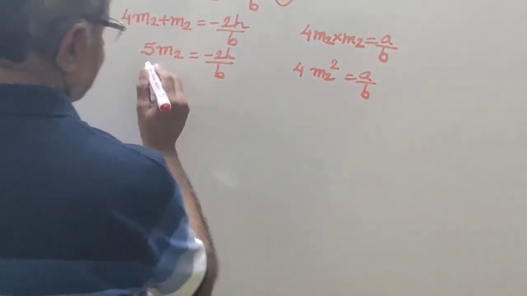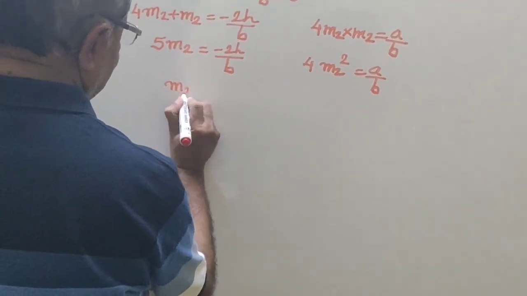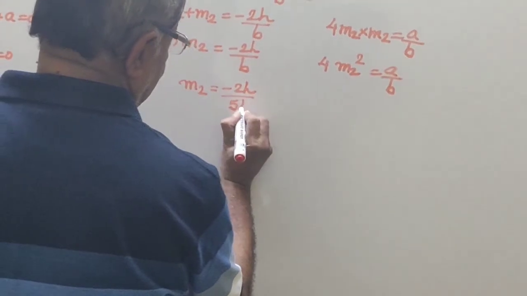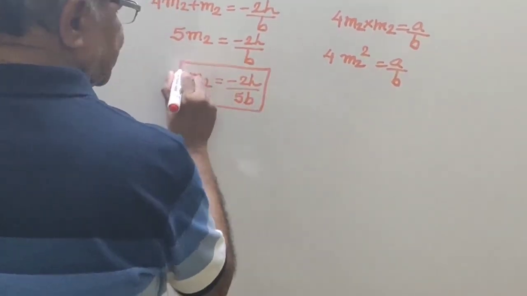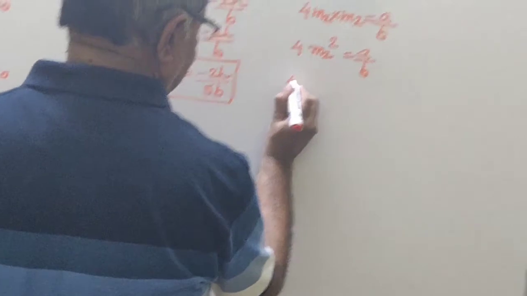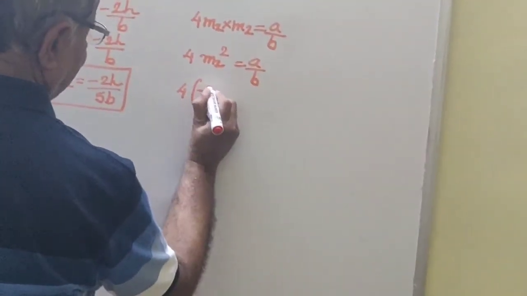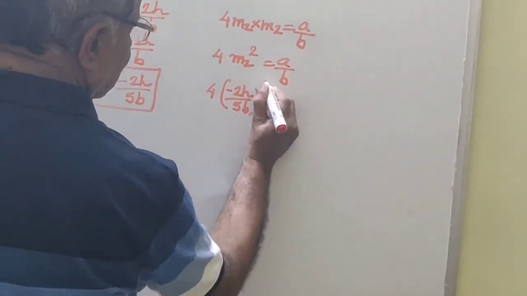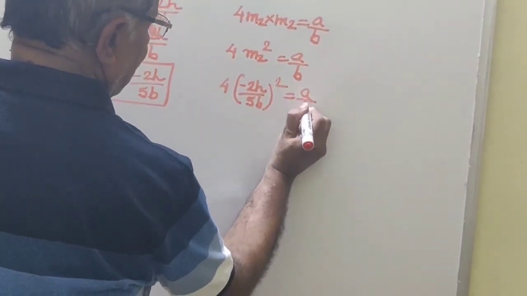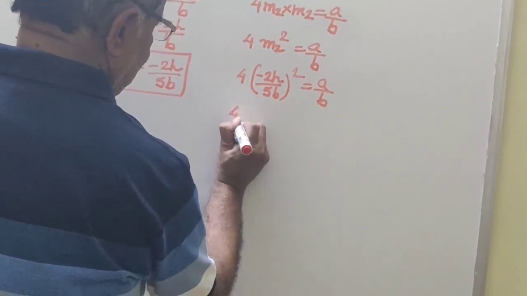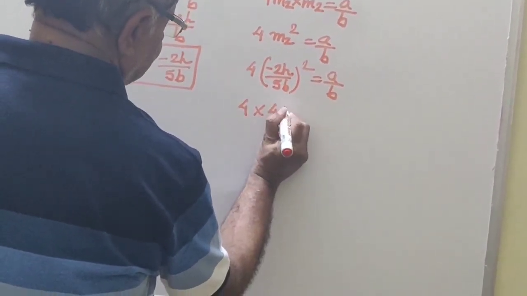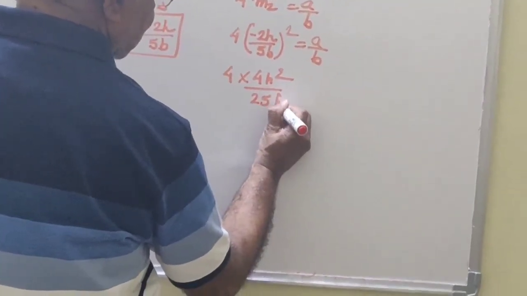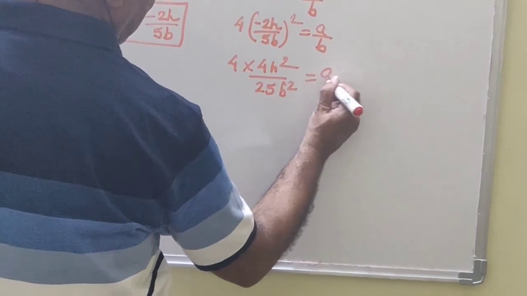Now I can substitute the value from this equation: m2 = -2h/5b. Substituting here, I get 4 into (-2h/5b) the whole squared is equal to a/b. That gives 4 into 4h² upon 25b² is equal to a/b.